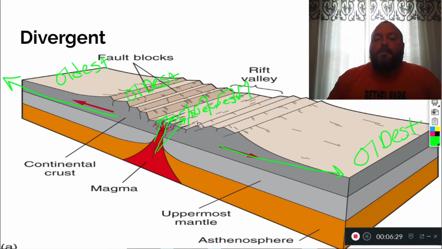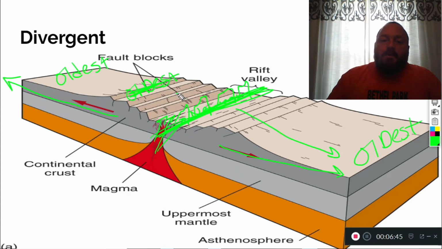So as that's happening, the age of our crust, the age of the underwater surface, it's going to be the newest where the mountain range is at, where the two plates are pulling apart from one another. Right at the boundary is where the newest crust is at. And then it's going to get older as we go towards the shoreline. And then in the Rift Valley, we end up with those underwater mountain ranges that form. So that's what's happening at divergence. Hopefully you guys understand that.